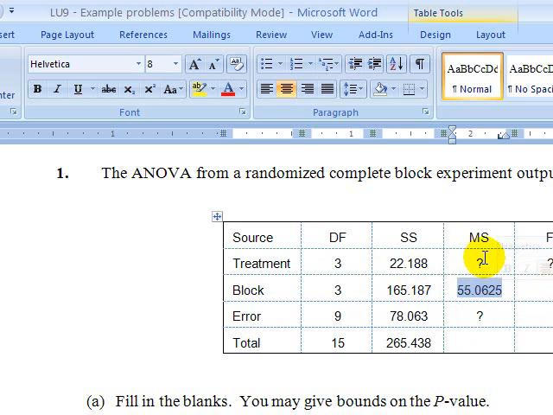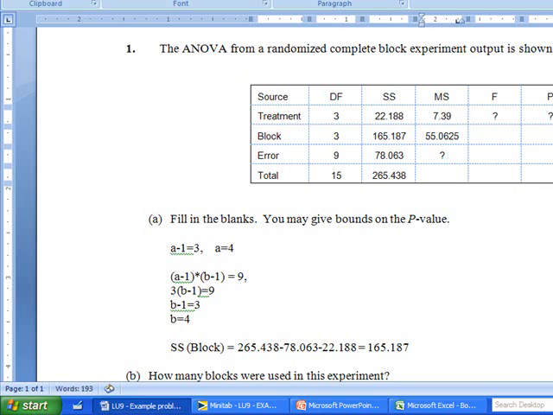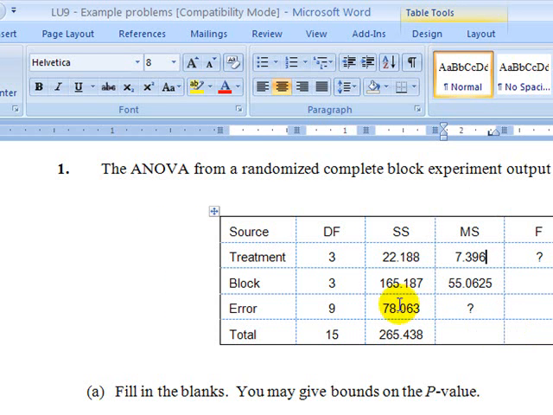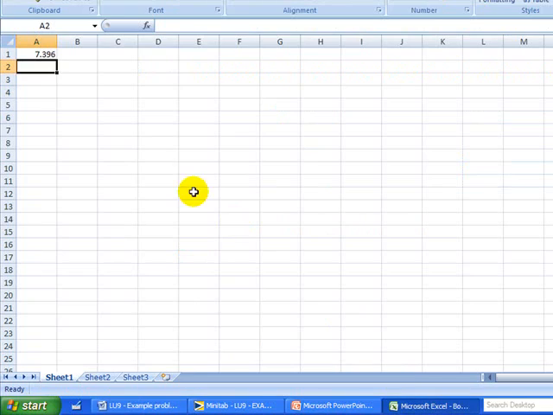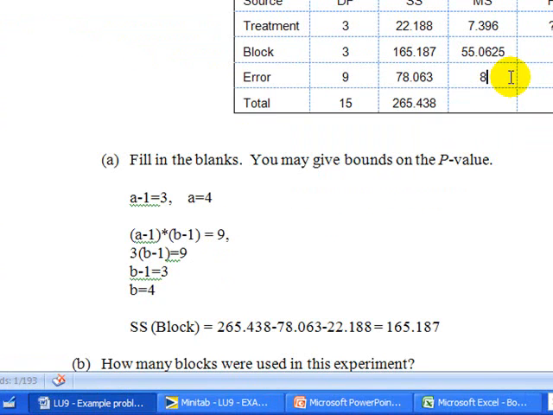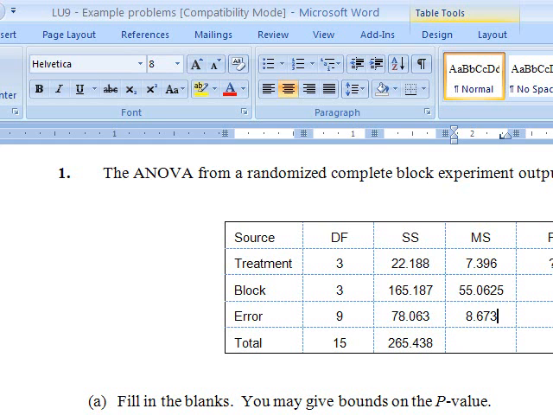Now also this value can be calculated by dividing sum of squares by the degrees of freedom. So 22.188 divided by 3 is 7.396. Similarly, mean square value for the error is 78.063 divided by 9, which is 8.673.